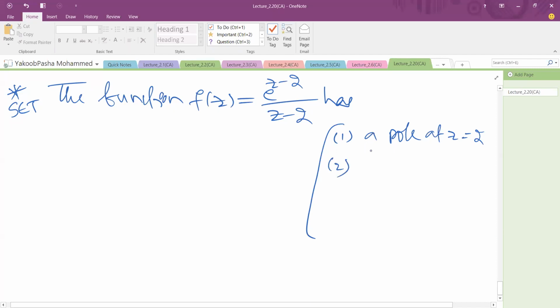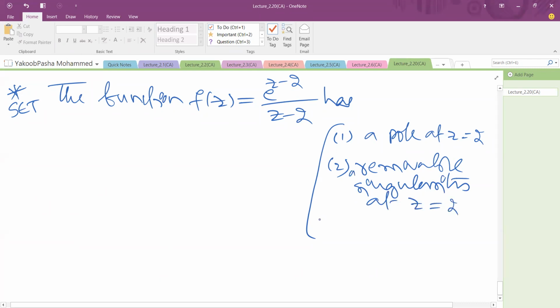Second option: a removable singularity at z is equal to 2.